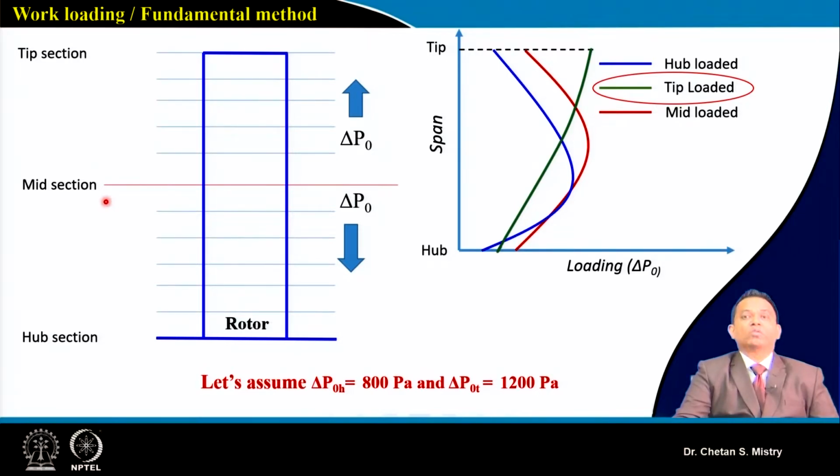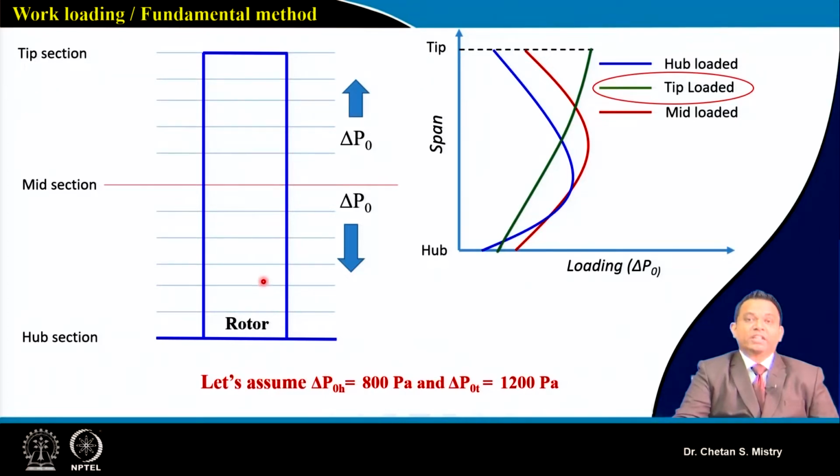Now, for the design approach, at mid station we have done our calculation for all flow angles, all velocity components, everything. We have compared our aerodynamic work and thermodynamic work, and based on that we have calculated what will be our exit whirl component.